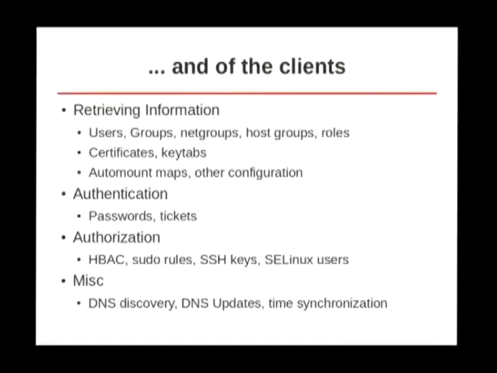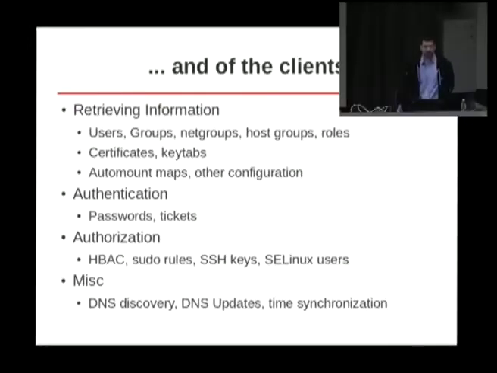And what are the responsibilities of the clients instead? By clients, I mean any machine that is not actively providing an identity management service like authentication or authorization on a central service. So clients, especially Linux clients, need to retrieve information about users, groups, sometimes netgroups, roles. They need to retrieve things like certificates and keytabs when they are instantiated.